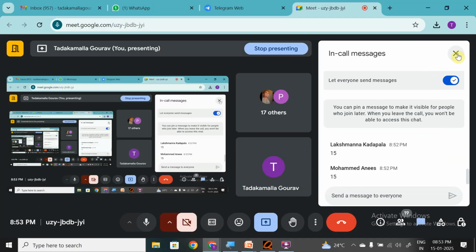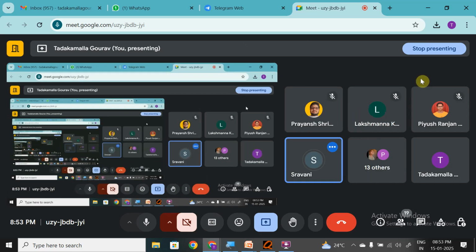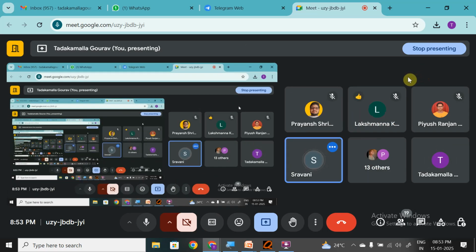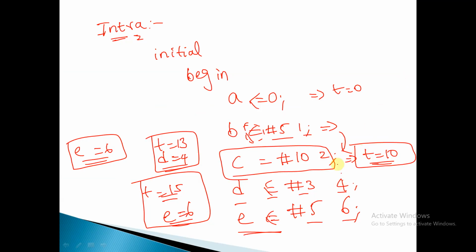One doubt. As you told, intra delay is like assignment, storing the right side value to the left side variable. How can we consider that into delay? Execution will happen at t equals to 0 only, no?